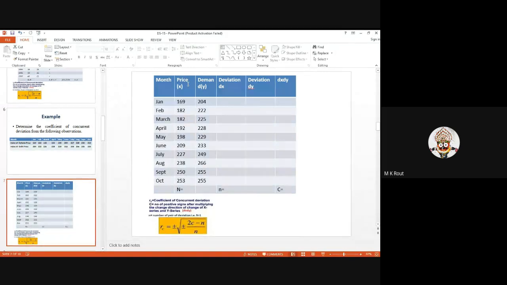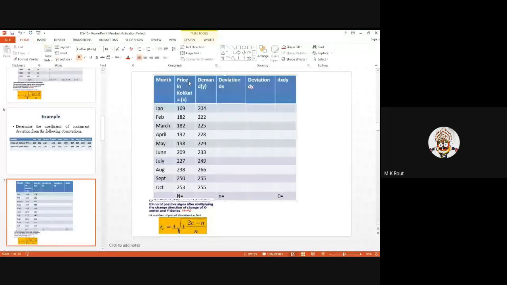The price index with reference to Kolkata is X. I just corrected here, this is the price index in case of Kolkata, that is X. And the price of Delhi is given as Y. Now is it clear?